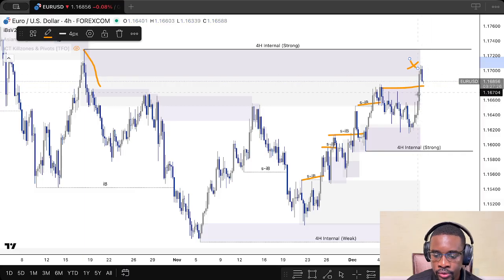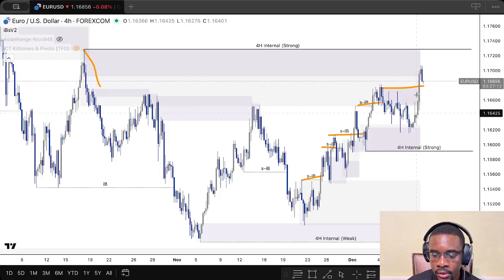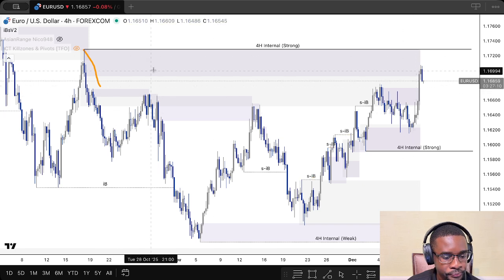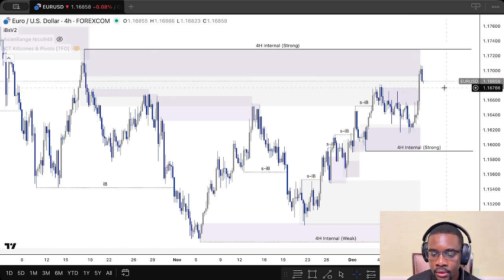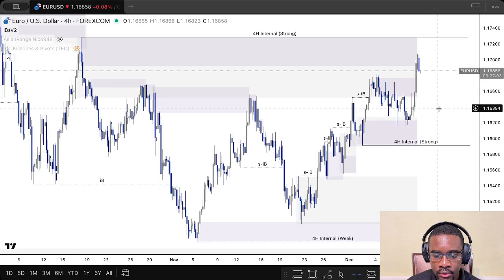So the federal rates yesterday was the catalyst that was needed for price to push to mitigate the supply. As you can see, we had this very strong bullish candle.